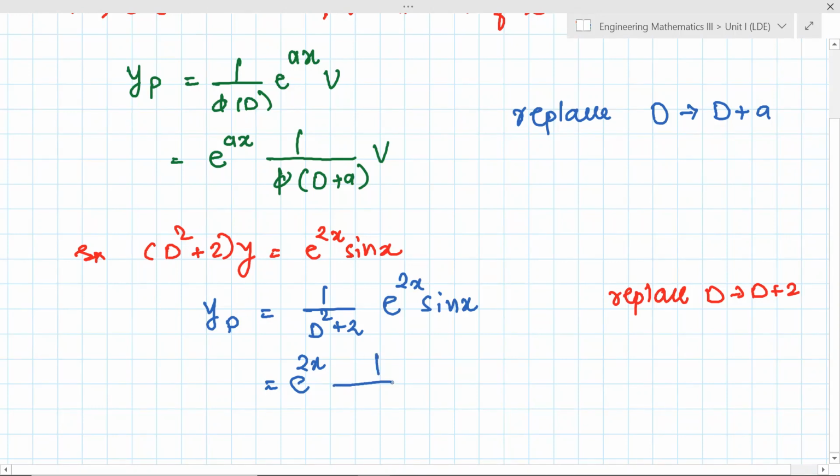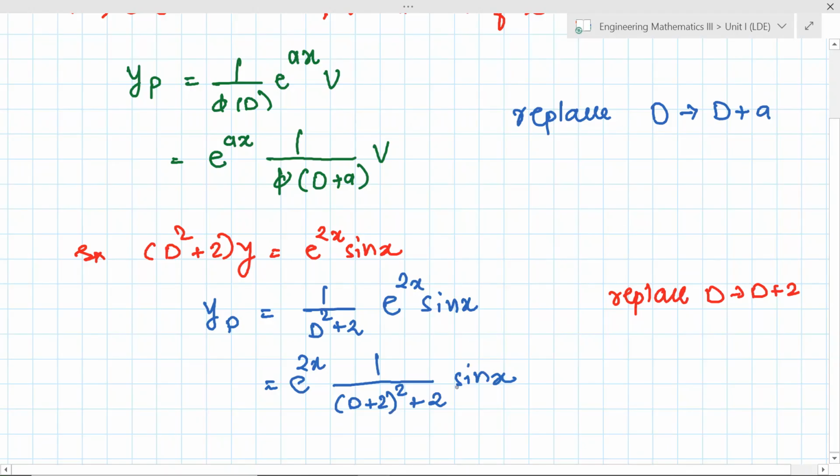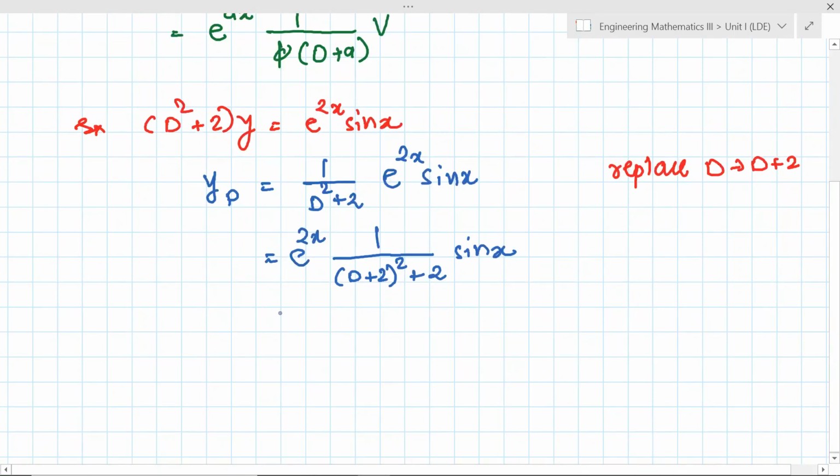After replacing D, this is nothing but (D plus 2) square plus 2 into sin of x. Are you getting this? We are just replacing D by D plus 2. This is equal to e raised to 2x as it is. Now expand this.